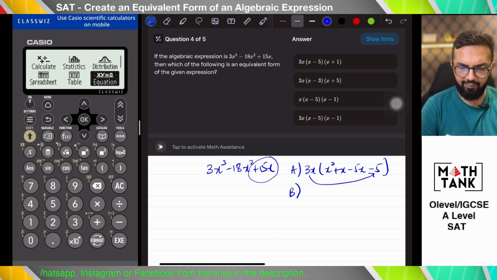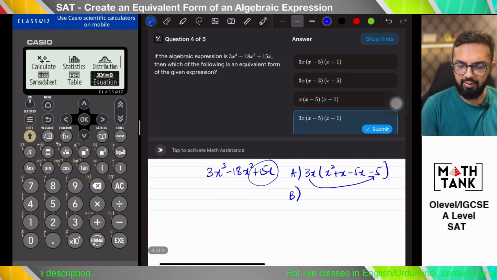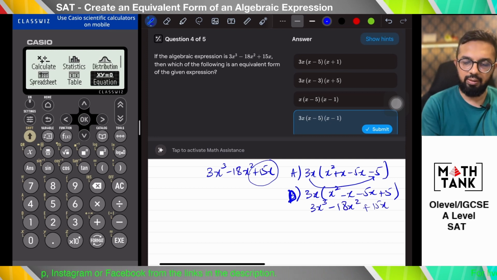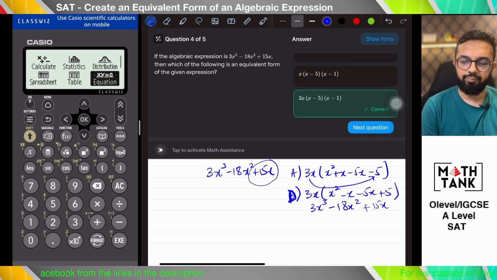I need a plus 5. This one will give me plus 5, this one will also, but the last one has a 3 outside. So I'm going to test answer option D first and see if I get my correct answer. So that's 3x cubed minus 18x squared plus 15x. Yes, that works. So D is the correct answer.